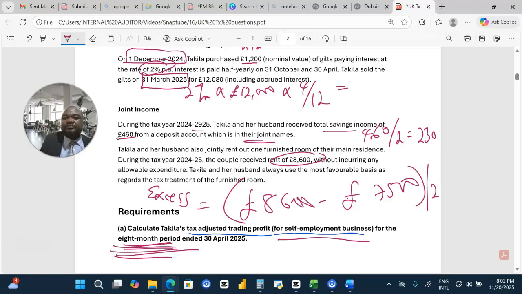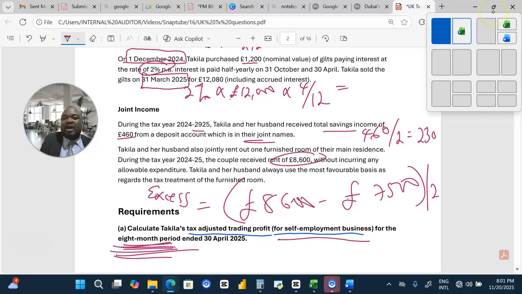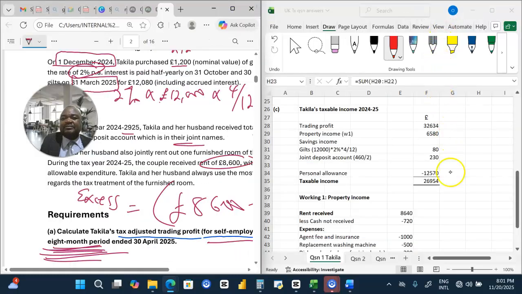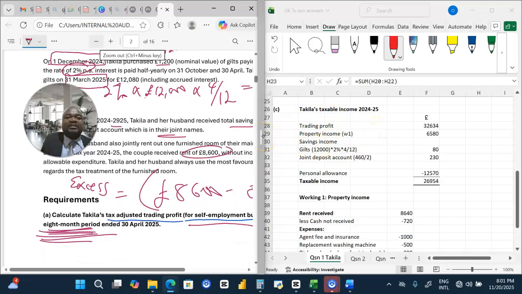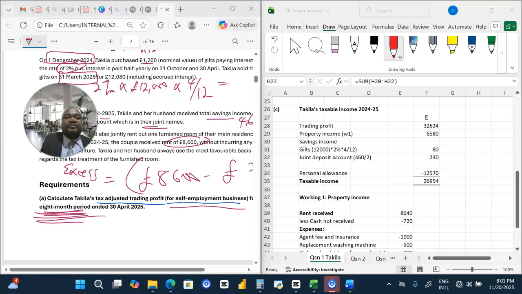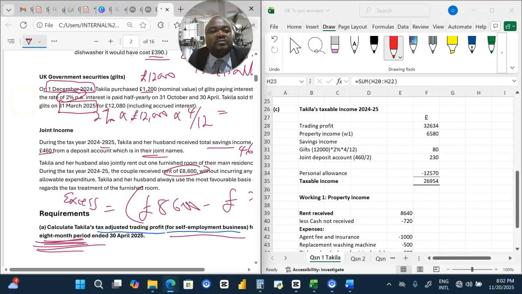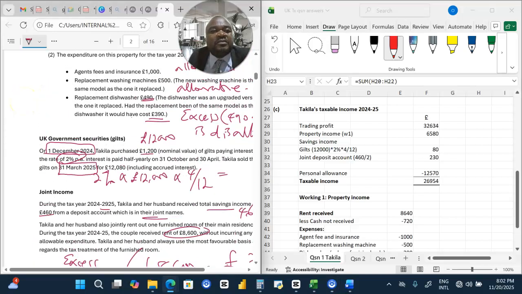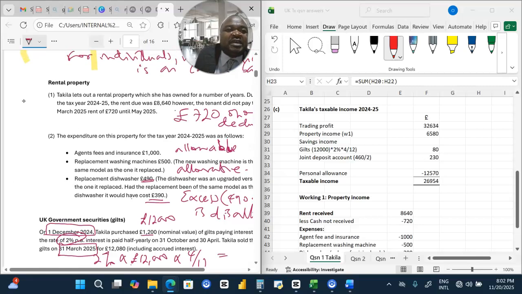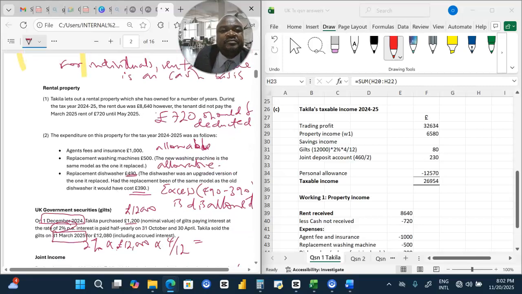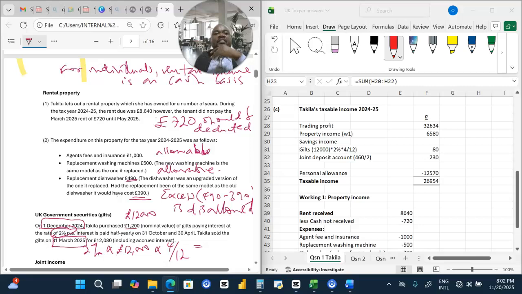So let me show you how I did it. We are on part C, ladies and gentlemen. Let us go step by step from the rental property.